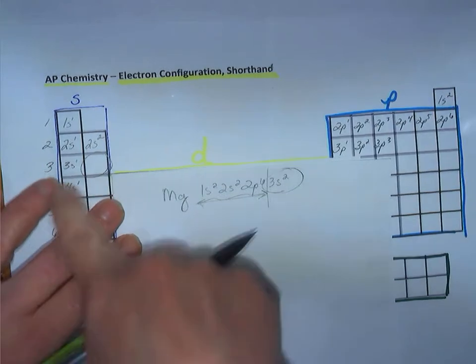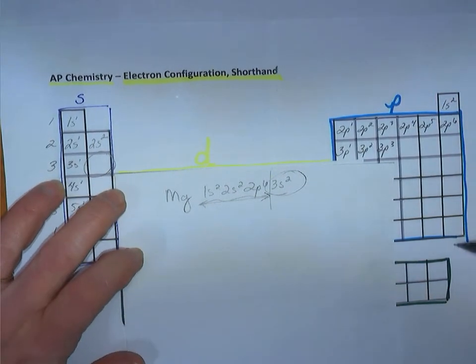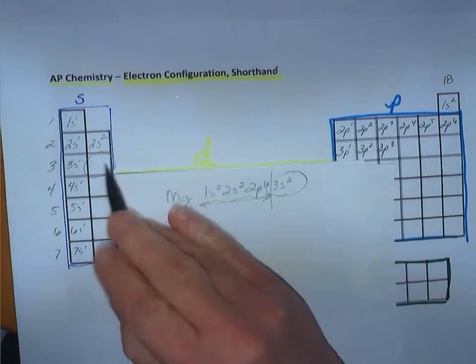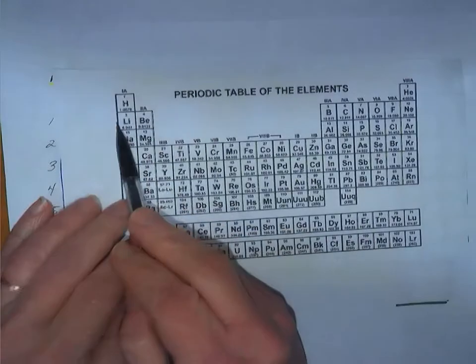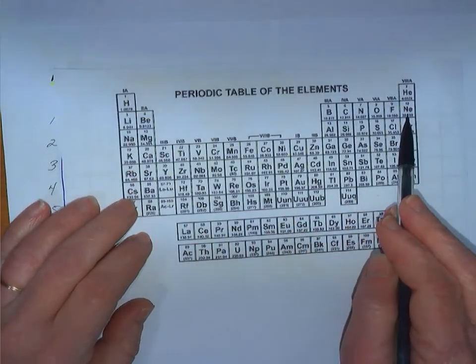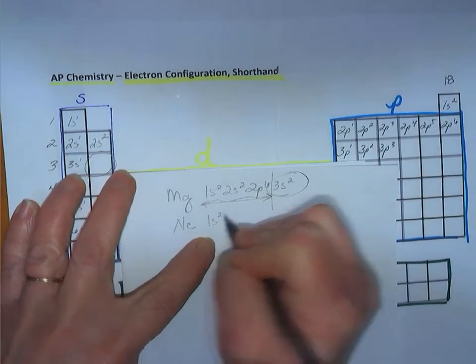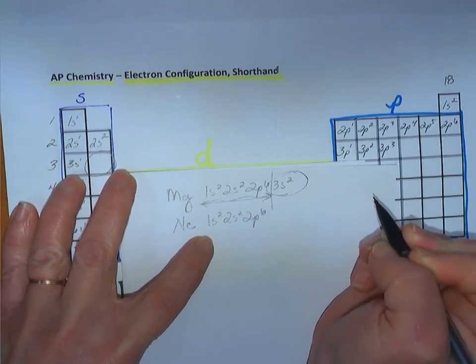Magnesium is in the third period. The noble gases we know are column 18. Well, in the second period, the noble gas is neon. Those 10 electrons would take on the configuration of 1s2, 2s2, 2p6.